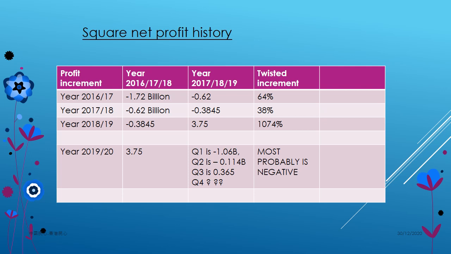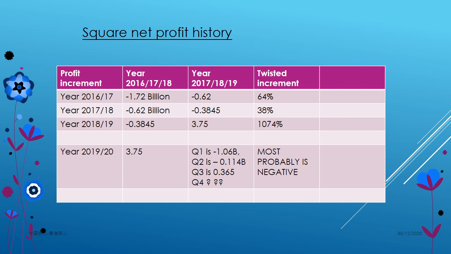Q3, it got a positive 0.365 billion. So we don't know about Q4. But if we compare to end of 19, probably its earning will be less than 3.75, right? So probably the increment is negative. Most probably, right?